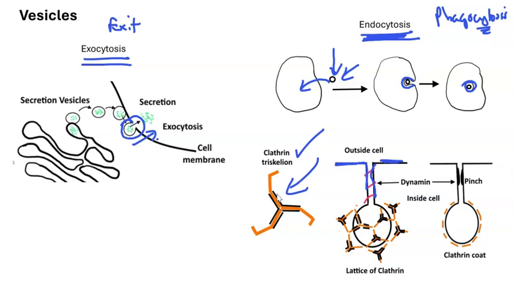And they form around the cell membrane, like this. It creates this pouch, and they form this supportive lattice work, like a matrix of these molecules, which allows the membrane to fold inward. So we have the lattice of the Clathrins.